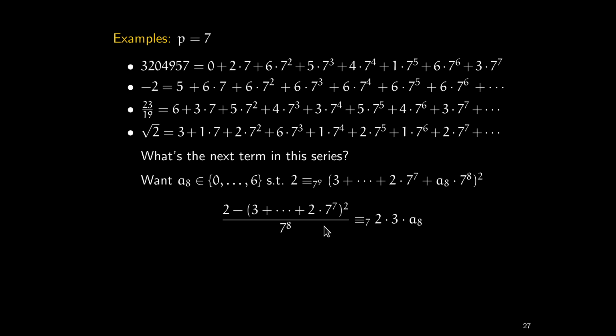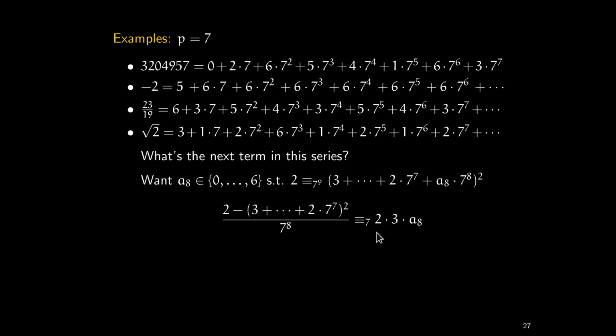Okay, so this is again a rational number, and you can compute it in the rationals. Then you get an integer by the assumption that this is a valid approximation, and this integer you can take mod 7, and you get one which is here, and then you have to divide by this, and hopefully this is not 0 mod 7. In this case it isn't, but if you want to generalize, we'll have to worry about whether this can be 0.